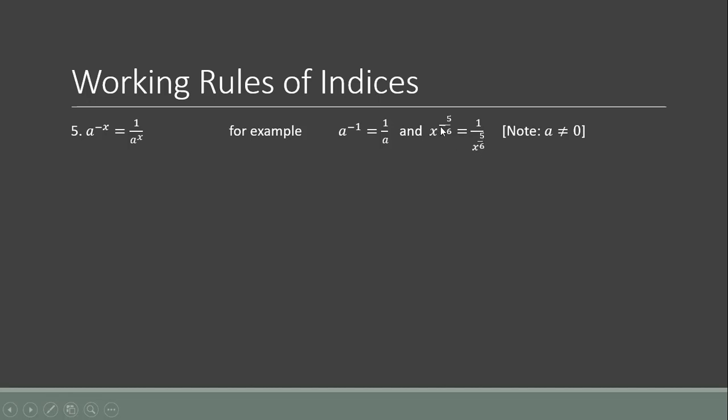That is, to remove the negative sign, we write 1 by the positive powered expression. So in a to the power minus x, the minus is removed by inverting it.